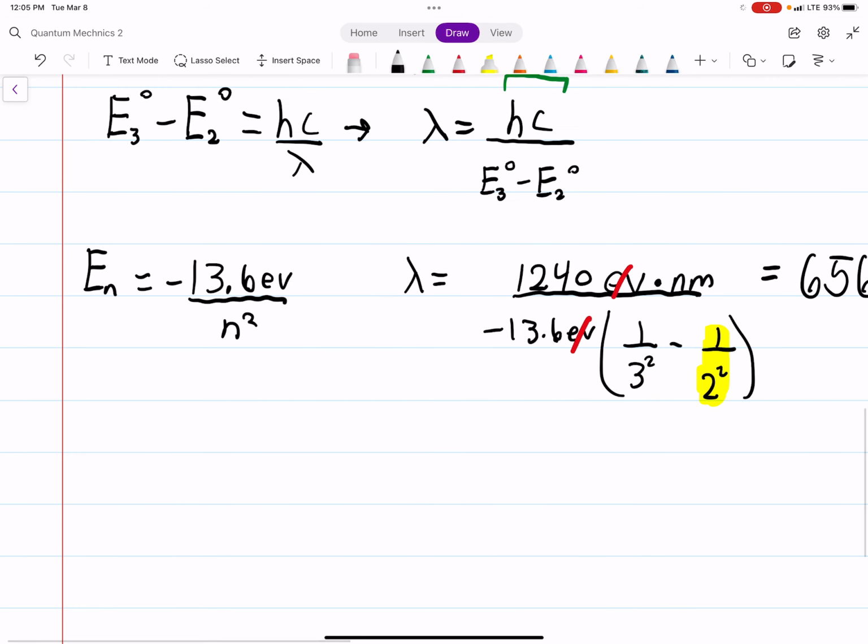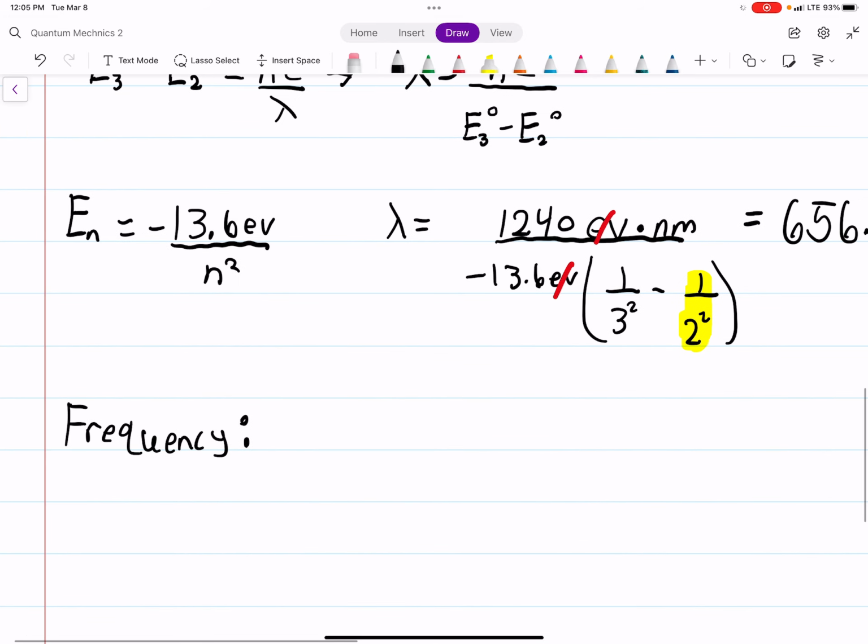And the second thing they asked for was the frequency. Okay. And this is actually pretty easy now because lambda is equal to c over the frequency, which means the frequency is equal to c over lambda.